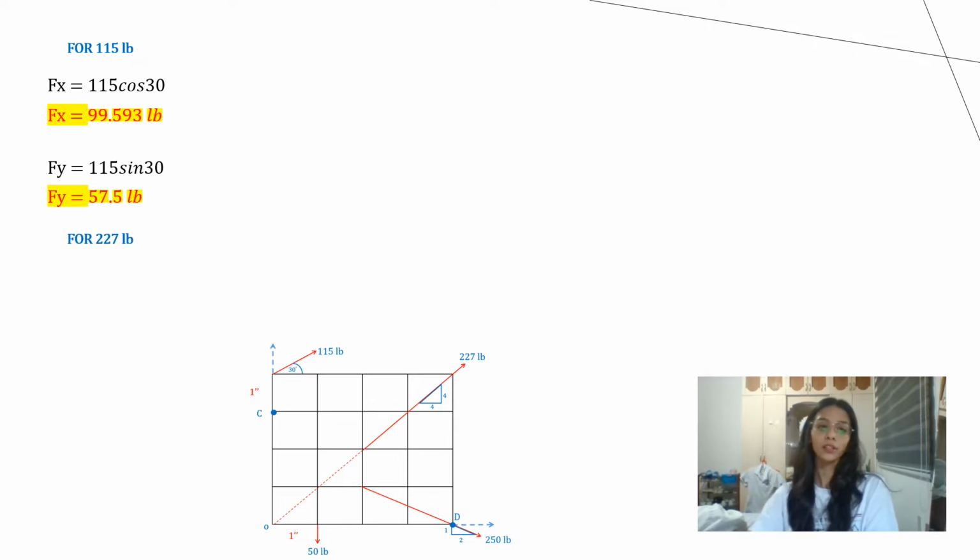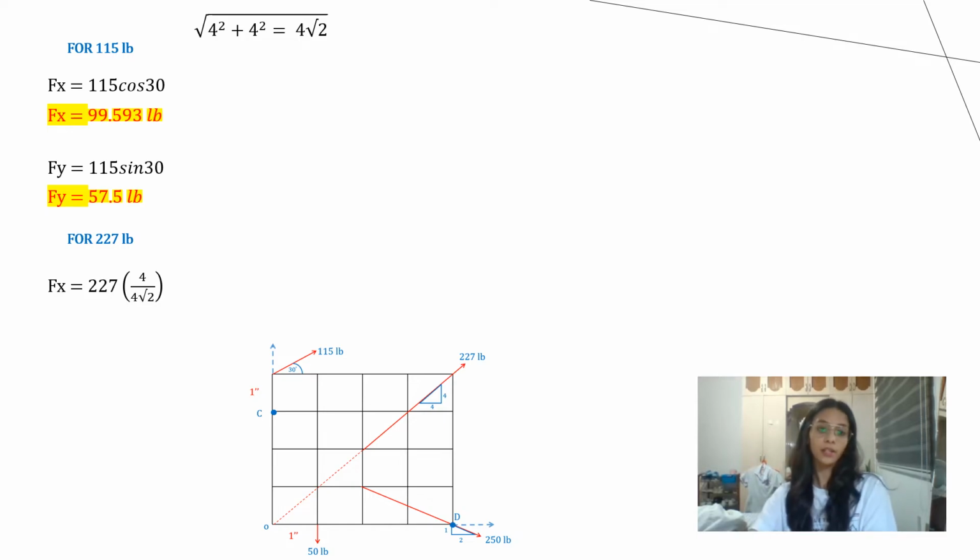For our 227 pounds, since it is a slope, we must first find the hypotenuse. The square root of 4 squared plus 4 squared is equal to 4 square root of 2. So our Fx is 227 times 4 over 4 square root of 2.